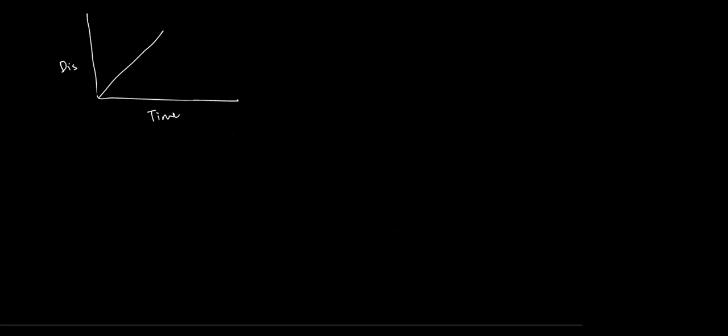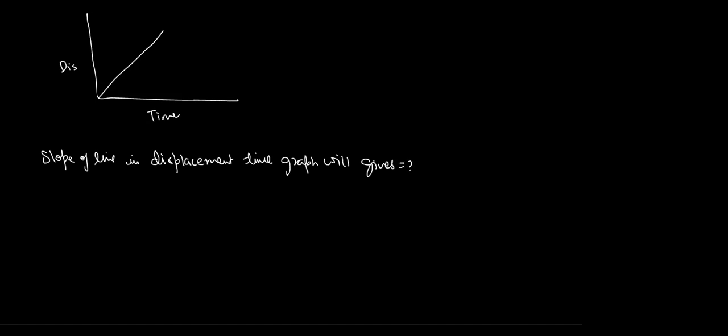If I ask you what the slope of the line in a displacement time graph will give you, that is the first question. Then you have to tell me what the area under the displacement time graph will give you.